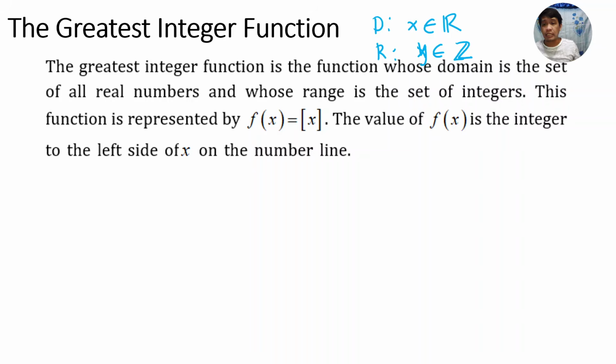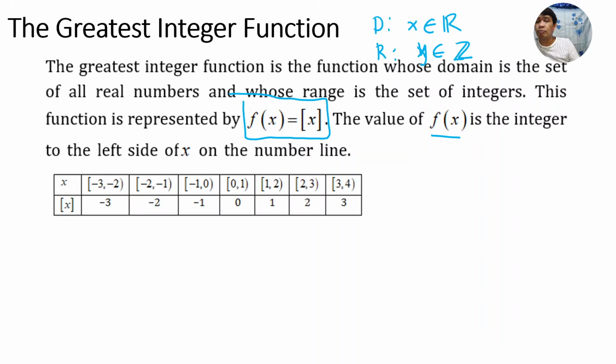So, ang sabi dito, yung function daw na greatest integer function can be expressed as f of x is equal to square bracket, inside is x. The value of that function is the integer on the left side of the number line. What does that imply?